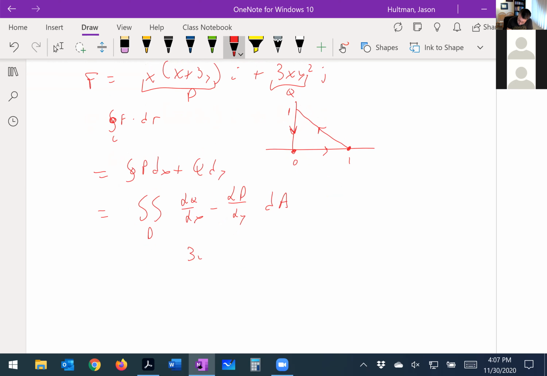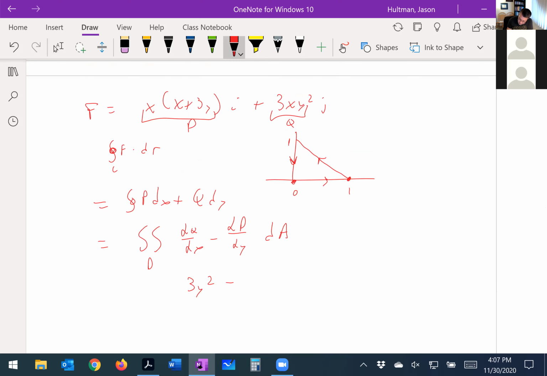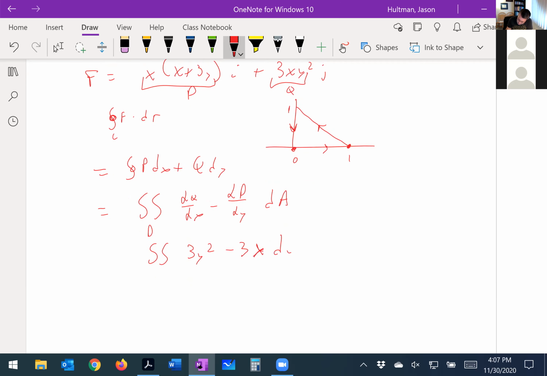And dP/dy is just going to be 3x, so minus 3x. Then this is going to be dy dx, double integral.